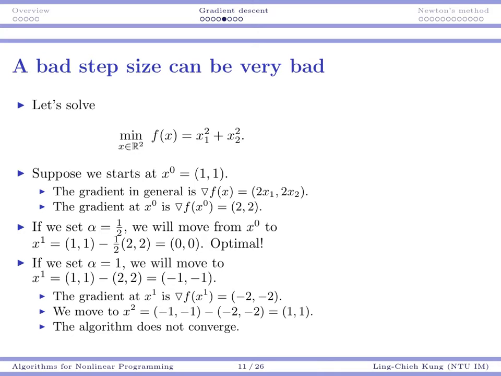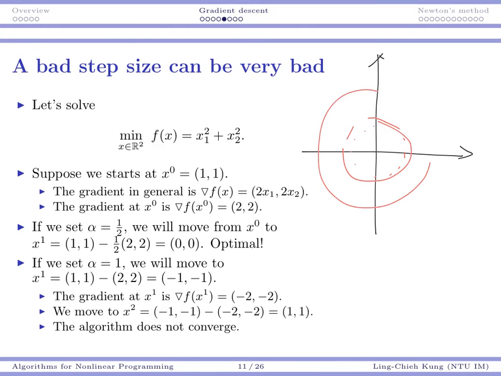So here, the first thing I want to give you is a bad example. Let's use this quadratic function, x1 squared plus x2 squared, as an example. We all know that if we draw it, we're going to get its isoprofit lines like this, like this, like this, right?